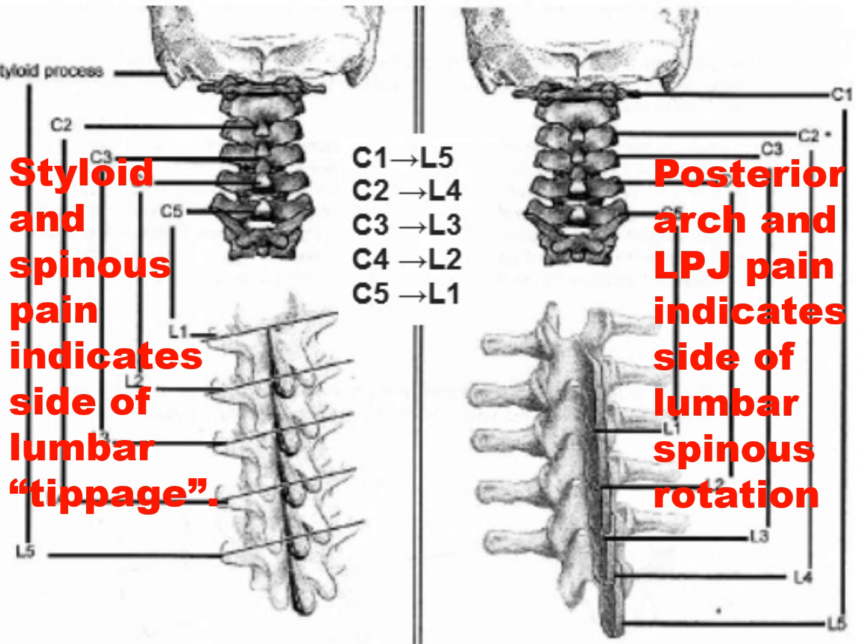And what this picture shows is we have inferior tippage of all the lumbars on the left side. And what you'll get in the neck is palpatory pain at the left styloid. And that coincides with tippage of L5 on the left.